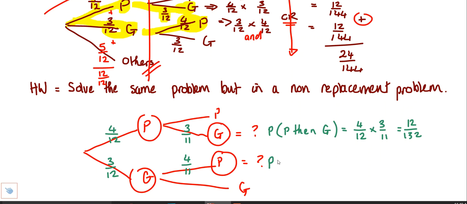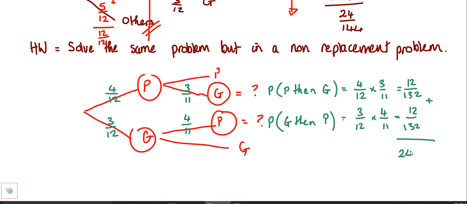The other option is, what is the probability of green, then a pink? That would be 3 out of 12 times 4 out of 11. So actually you get the same answer. And then you add them. So we add those together. You have 24 out of 132.